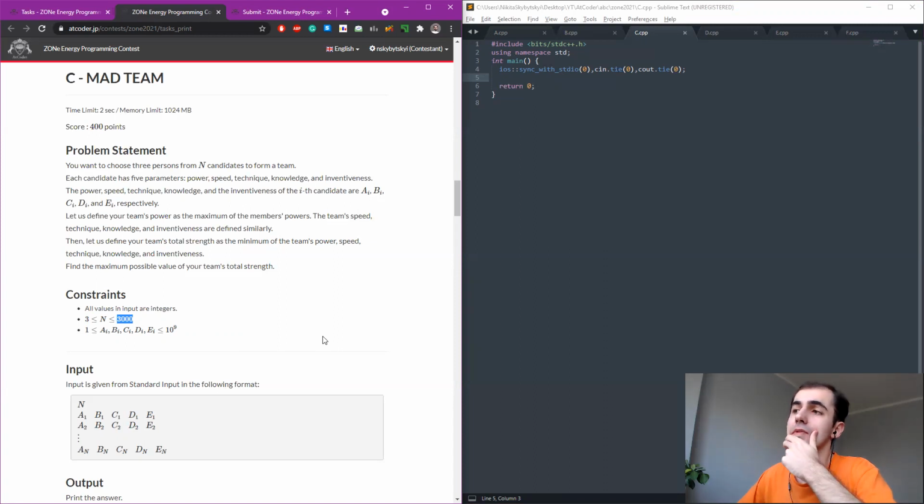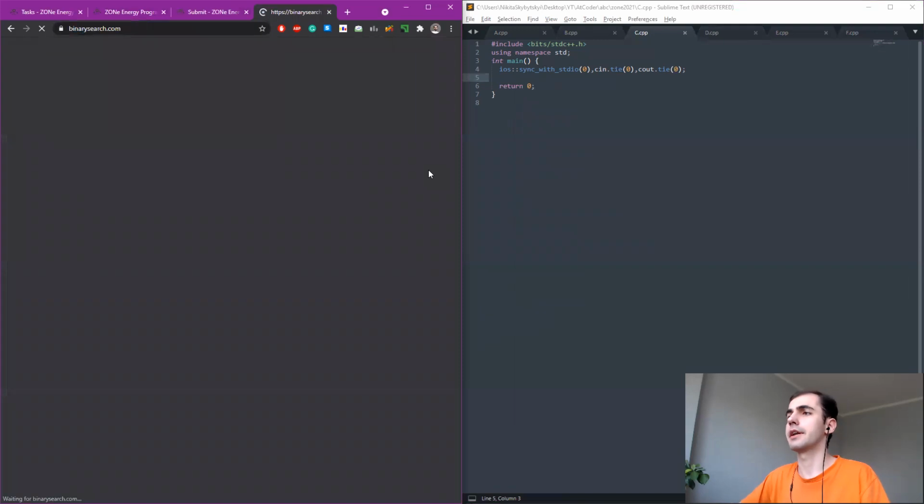So I suppose what we are expected to do, although it looks a bit risky, is to iterate over all pairs and then somehow use binary search to get the third optimal member. But oh my, I don't remember how it's done. Actually, how is it done?